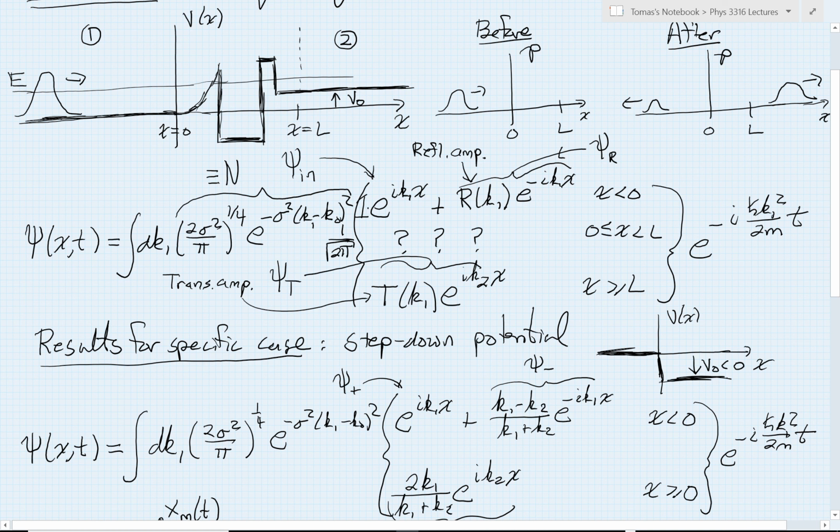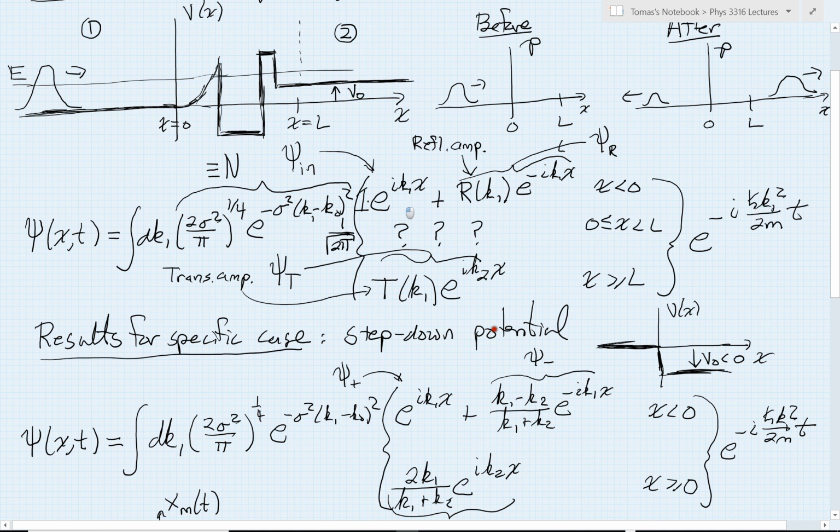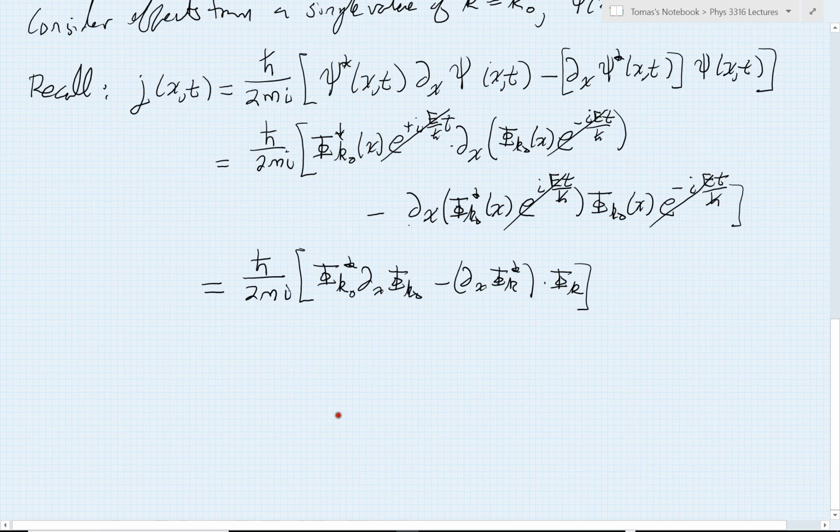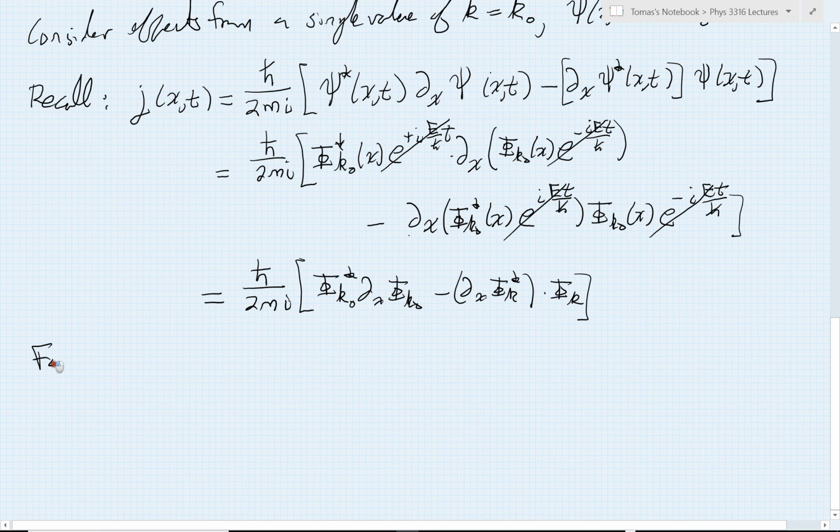So my time-independent wave function for the incoming beam is just this N, this normalization factor, times e to the i k1 x. So for the incoming beam, the corresponding wave that I want to analyze is just that normalization factor times e to the i k1 x.